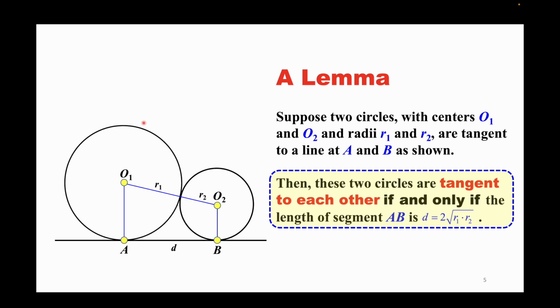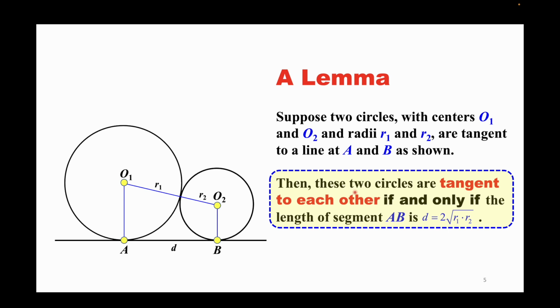So suppose we have 2 circles. The first circle has the center O1 and radius R1. The second circle has center O2 and the radius R2. Both circles are tangent to a common line, at A and B. The distance between A and B is D. So our question is, what is the condition for these circles to be tangent to each other?